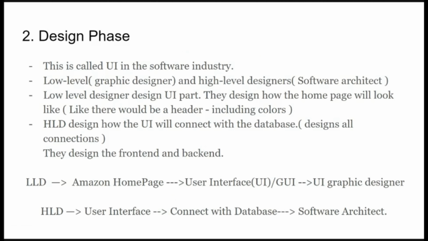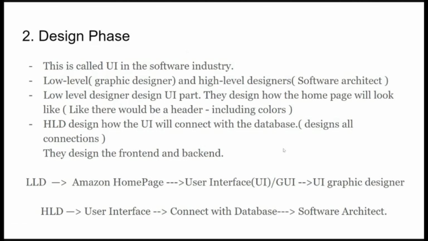The low-level designer designs the UI part: how the home page will look, what the header will be, what color, where to put the logo. The high-level designer connects the UI part with the database and designs all the connection parts. As a result, it's front-end and back-end design.